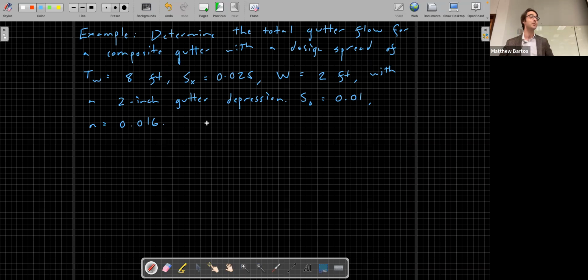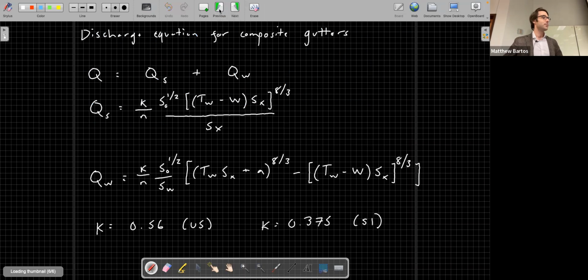Okay, so probably the most tricky thing to do here. We have these equations. I'll let you finish writing this down. So we have these equations here that essentially describe the discharge in each part of the gutter.